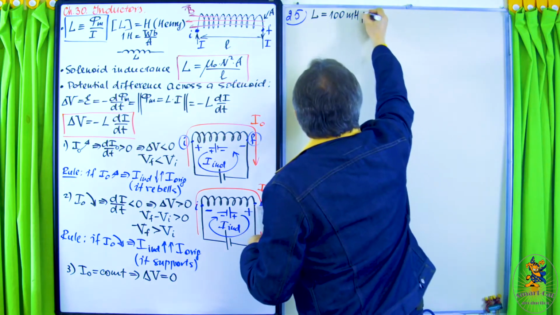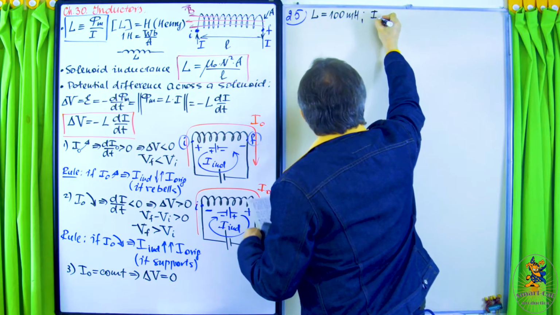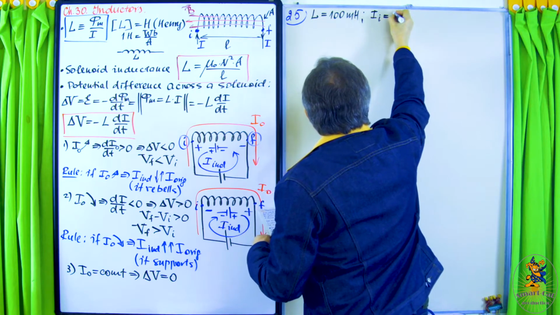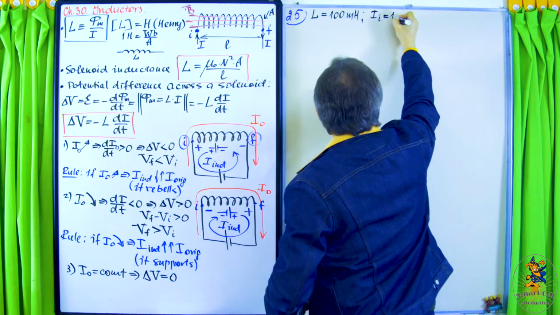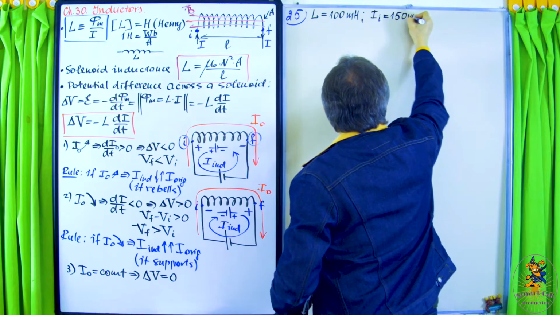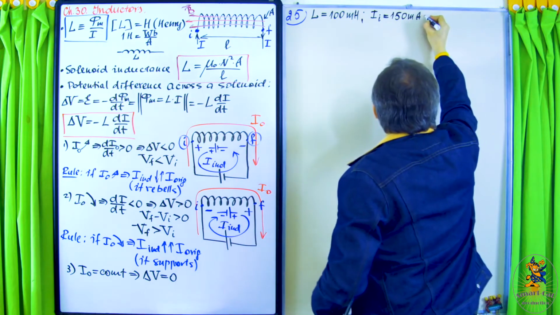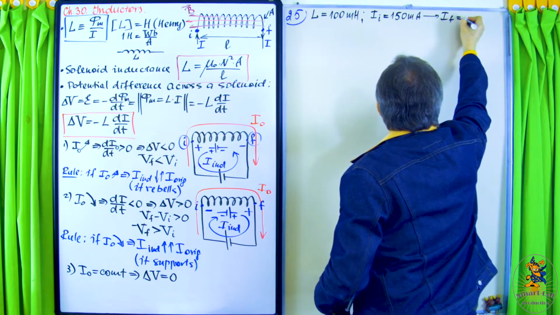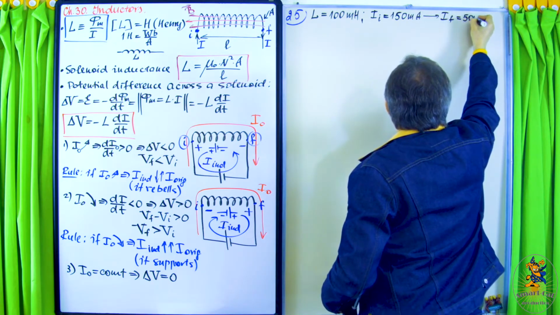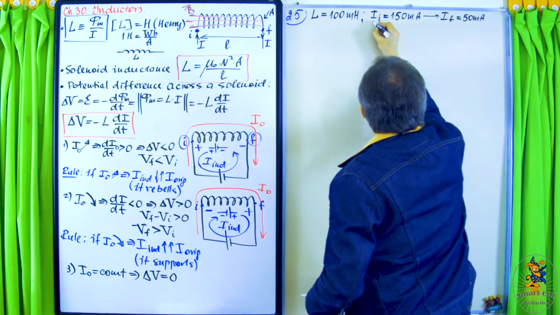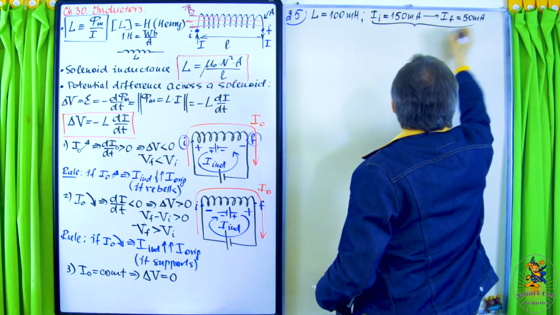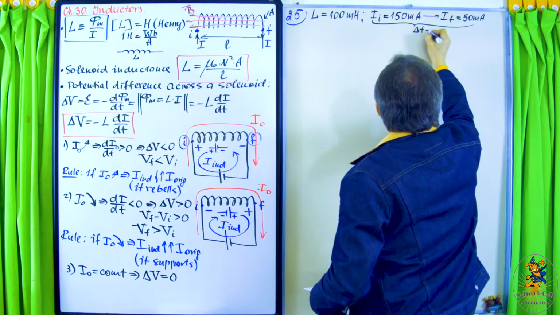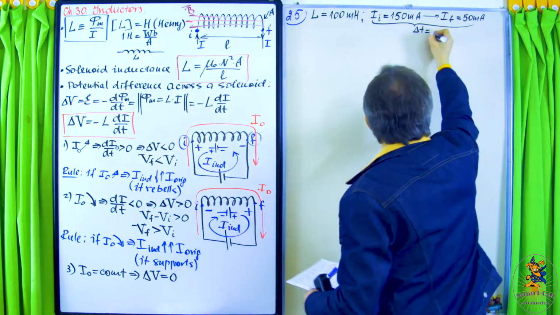The initial current I sub I is 150 milliamps. Then after some time, this current goes down and the final current is 50 milliamps. And it all happens in a period of time of 10 microseconds.